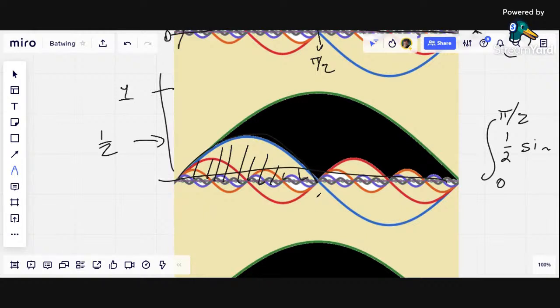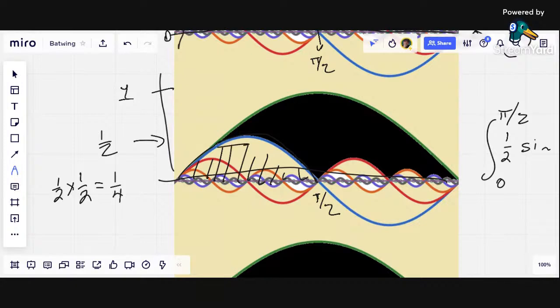That's one half, and that's pi by 2. So it's all scaled down by one half, vertically and horizontally, which means the x is scaled by one half, and the y is scaled by one half. So one half times one half equals one quarter.